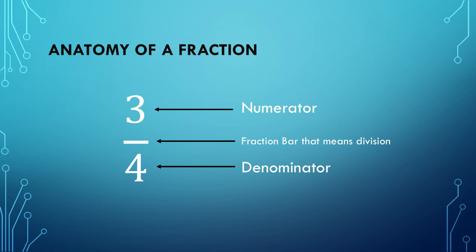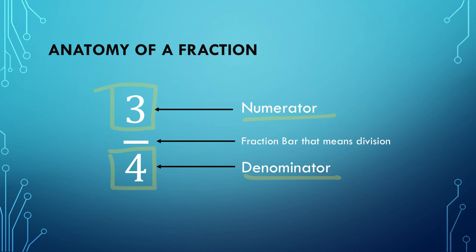So let's go ahead and break down the anatomy of an actual fraction. As a review, this 3 on top is our numerator, right? It's our top number, it's our pieces of the whole. Then we have our 4 on the bottom, which is our denominator. That is how many pieces there are in total. So for 3/4, maybe you're thinking of pizza. I always think of pizza because I could eat pizza all the time.